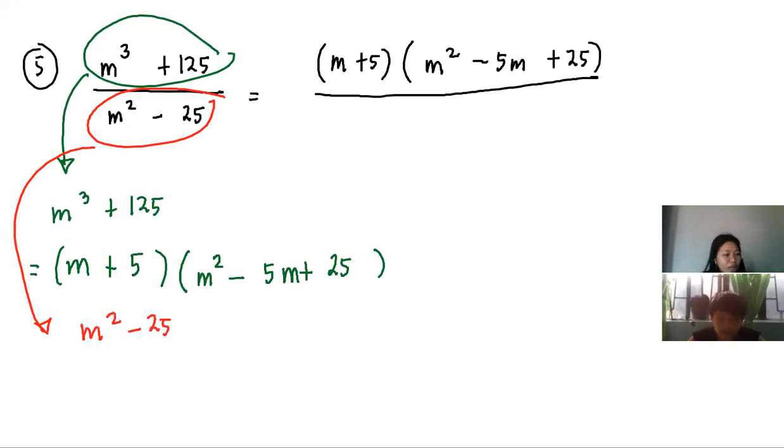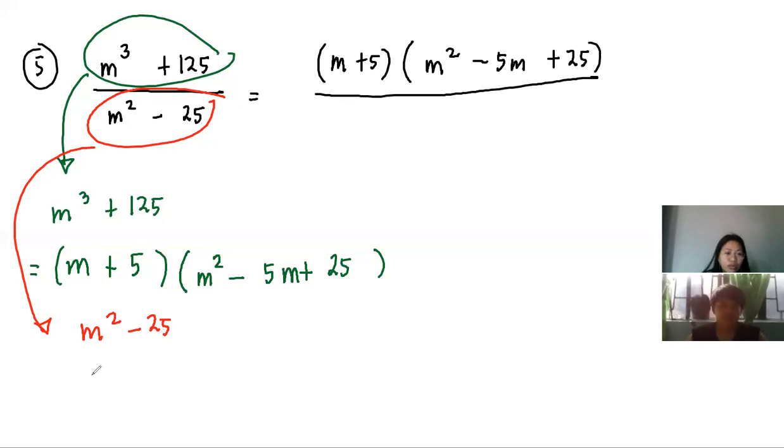So if it's m squared minus 25, this is the factoring by binomial, square of binomial. What is the square root of 25? 5. But this is m squared minus 25. So what are we going to do here?